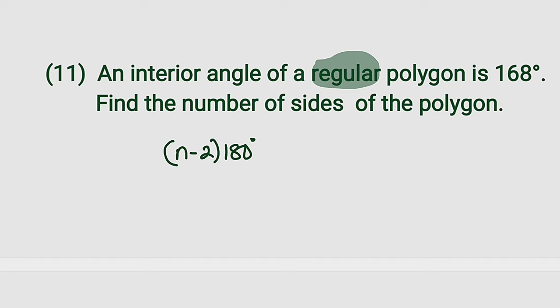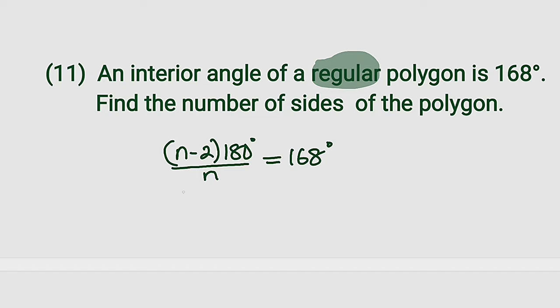Since every single angle equals 168, we can divide this by n. n stands for the number of angles or sides, and this must give us 168 degrees. So from here we can cross multiply and expand the bracket.